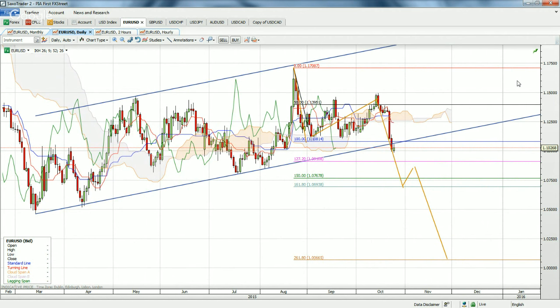If you're struggling to get in, if you risk reward, or if you only like to work with 30-40 pip stops, just trade in smaller amounts. Okay, try and get into these trades to bleed these long-term moves, because it's the long-term moves that really line the pocket, not the short-term moves.